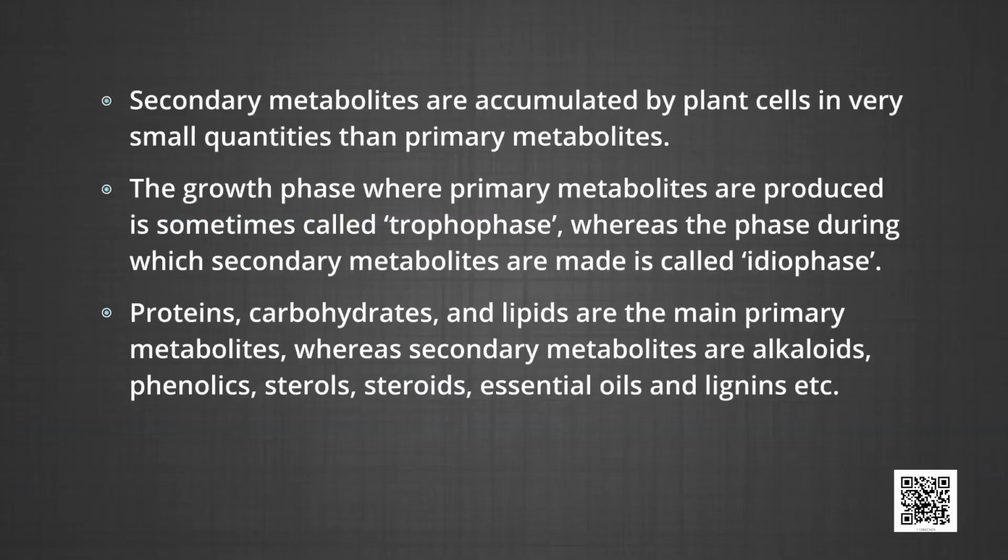Most of the secondary metabolites are involved in defense reaction. As I already have told you, they act as antibacterial, antimicrobial, etc. Proteins, carbohydrates, lipids are the main primary metabolites, whereas secondary metabolites are alkaloids, phenolics, sterols, steroids, essential oils and lignins, etc.